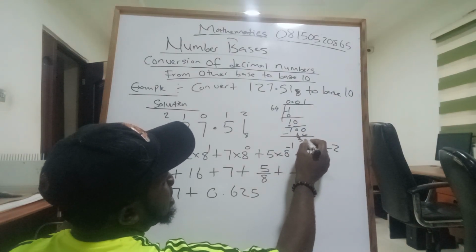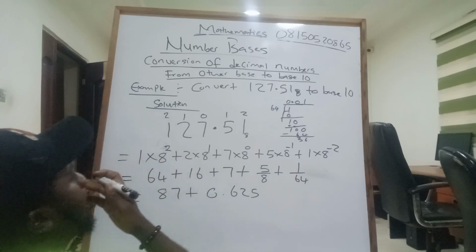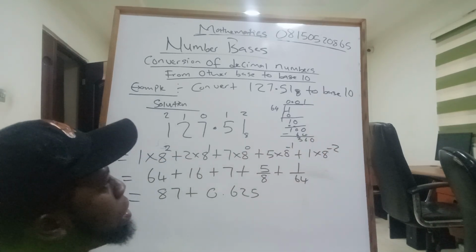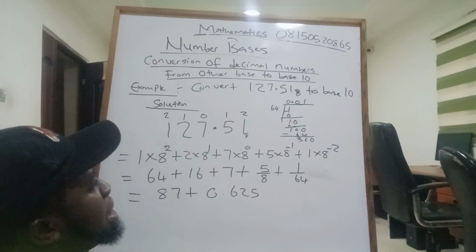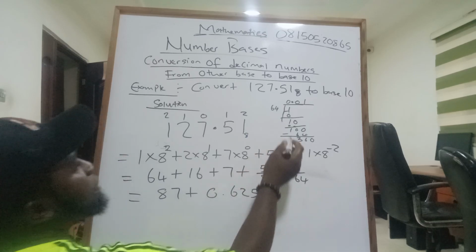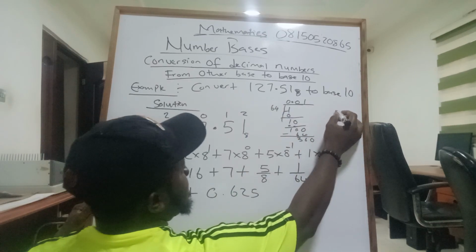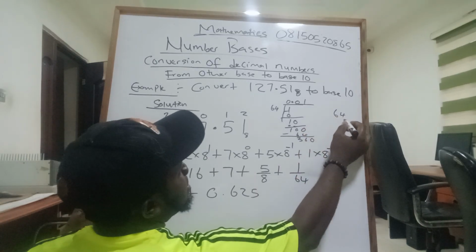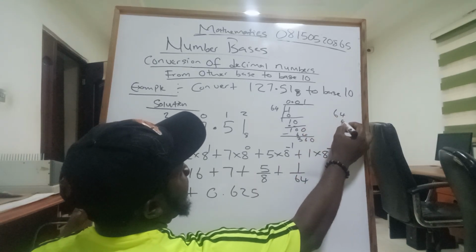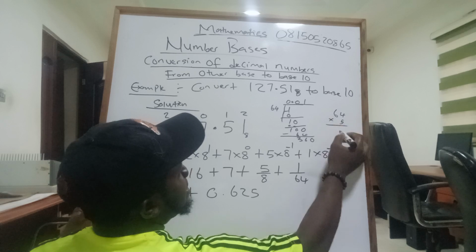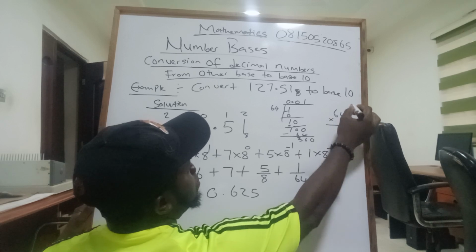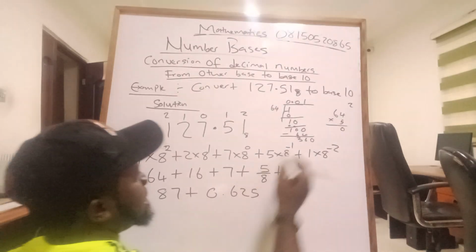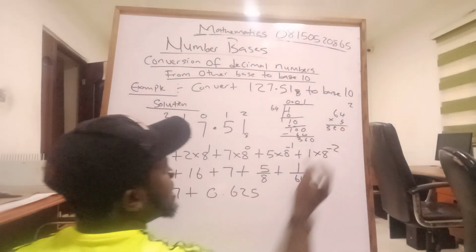36, add 0 to 36. So let's see how many 64 do you have in 360? Let's try 64 times 5. 5 times 4 is 20, keep 2. 5 times 6 is 30, that will give us 320.